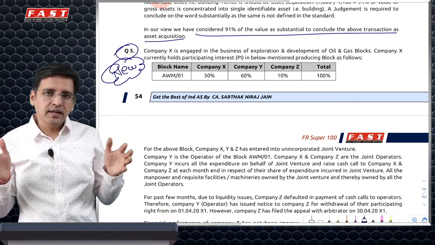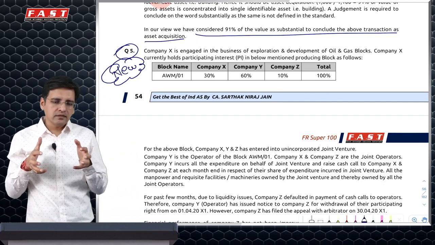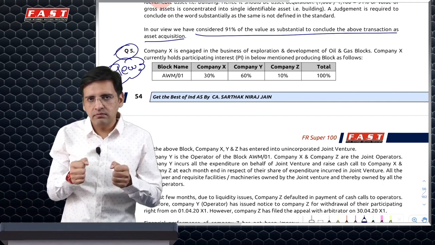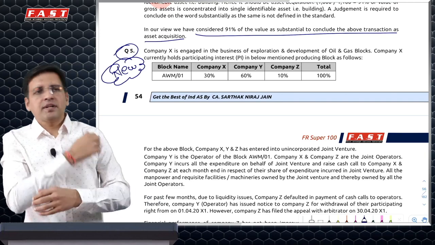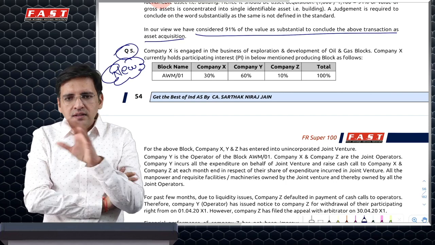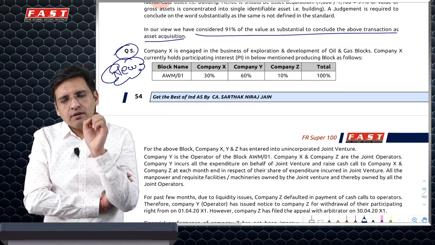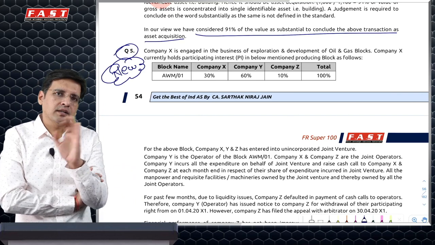X, Y, and Z, three companies have jointly taken some extraction block and are under a joint arrangement managing that. Now within this, one of the joint operators is withdrawing and is selling its stake to the other joint operators.